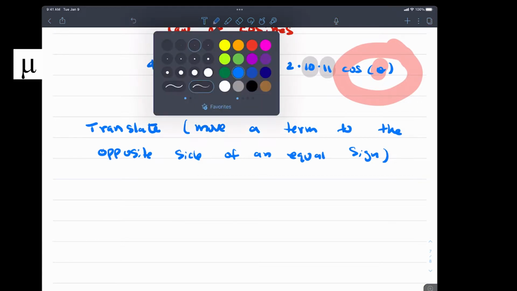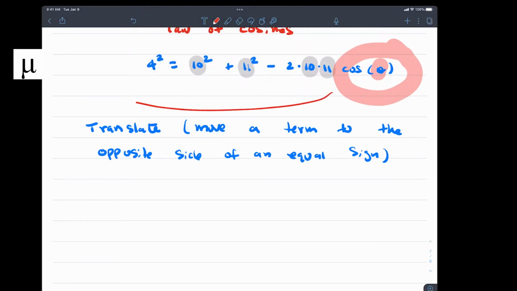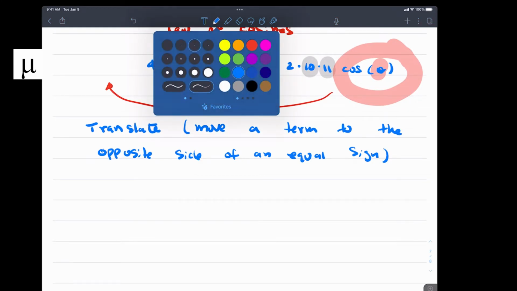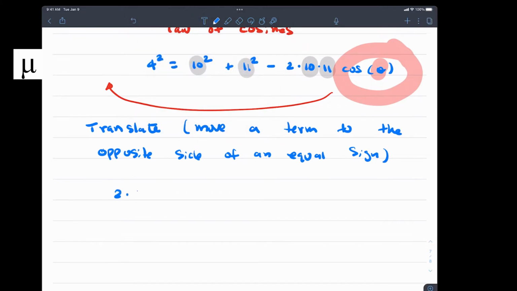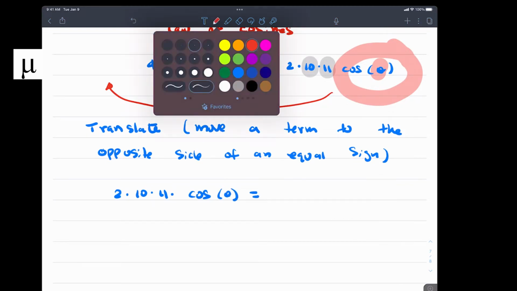Okay, now you say, what does that mean? I'm going to move this to the other side. So what you now see here is a what? 2 times 10 times 11 cosine of theta. And then move what? This to the other side. And what do you see?